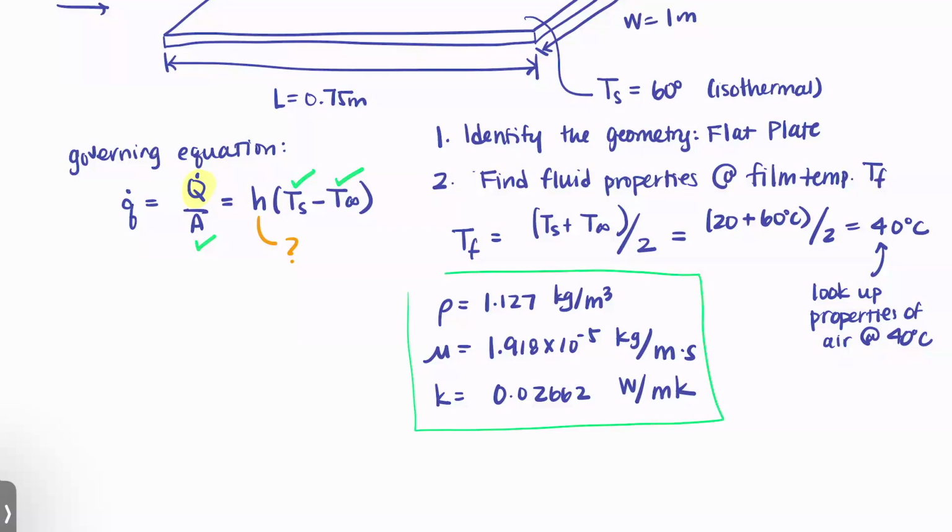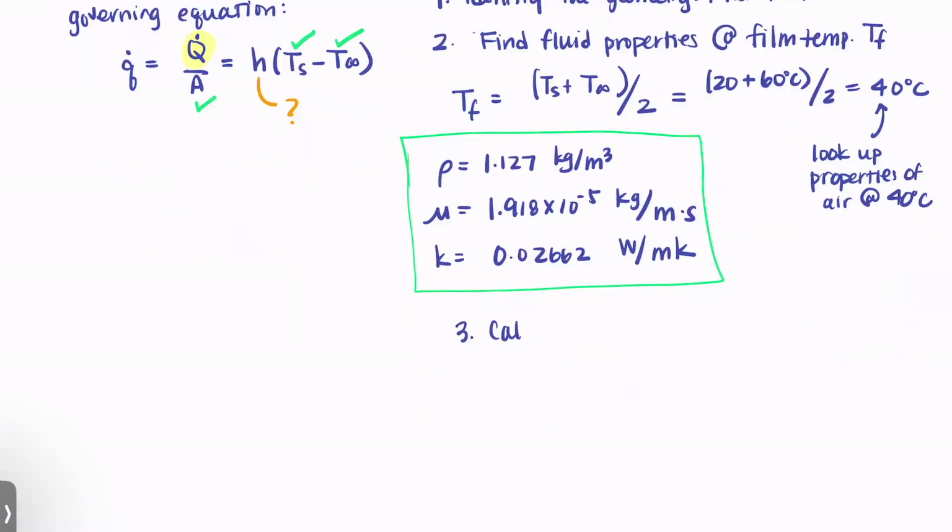Okay, the next thing we're going to do is calculate our Reynolds number. So I'm going to find the Reynolds number at L. So I have rho times U infinity times L divided by mu. That gives 1.546 times 10 to the 6.